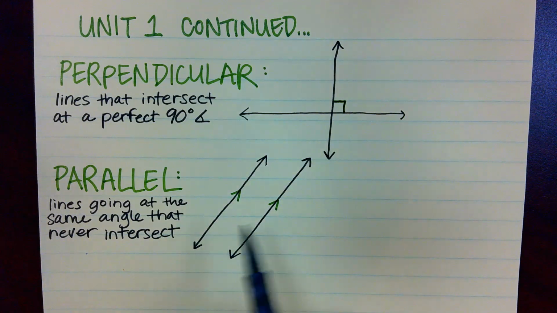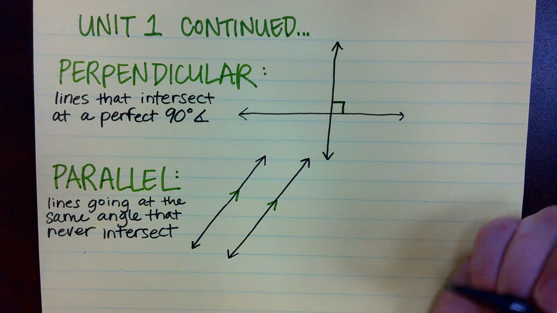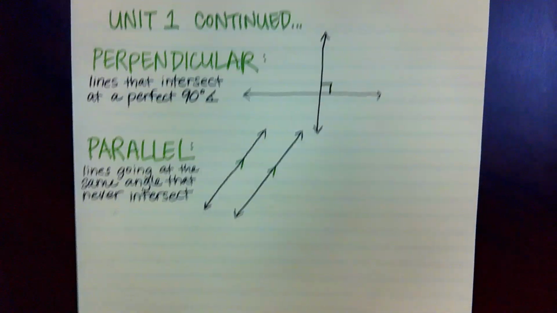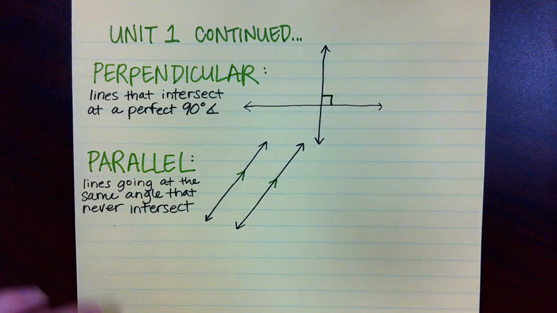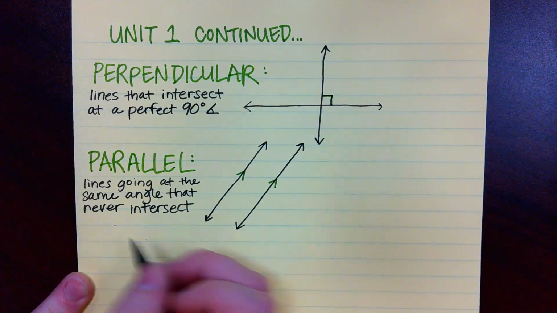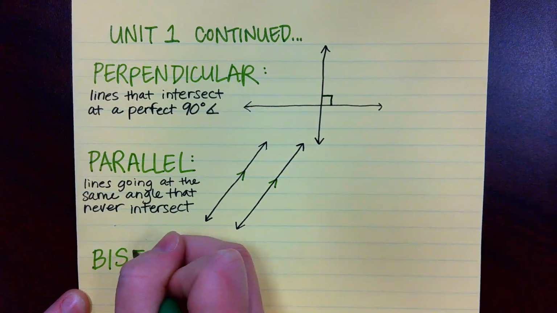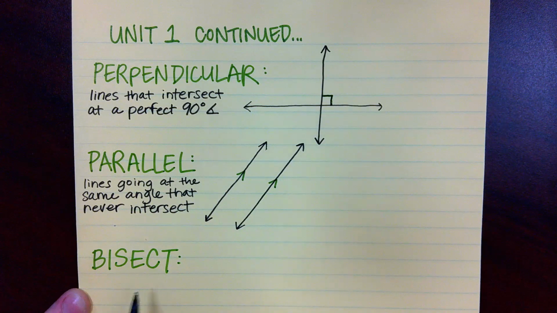Now, once we've gotten these definitions written down, I want to tell you about one more little word. And this is the one that we're going to really be using today. That word is bisect.